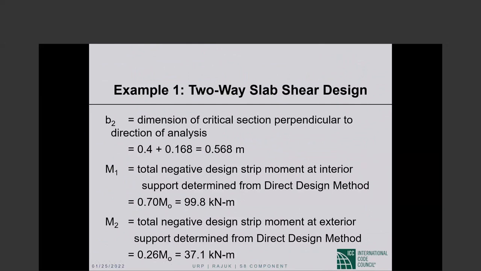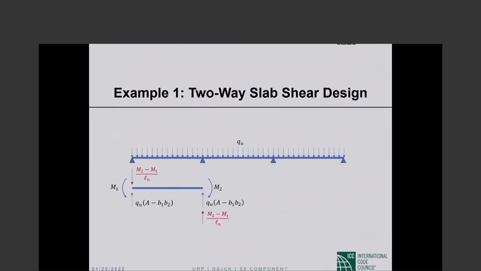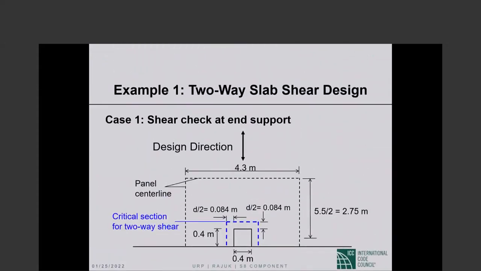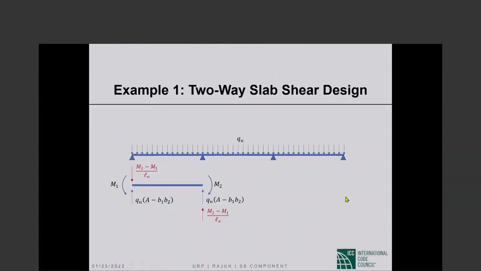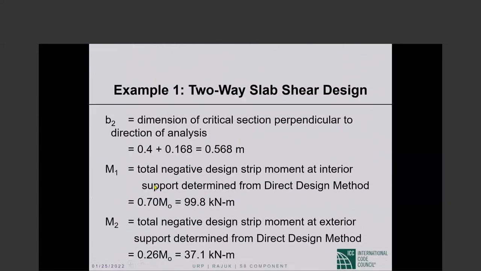This is a square column. So one side is 484, the other is 568. I hope this is not a mistake. Yeah, 484. So that's right. 484 and 568 are the two sides.